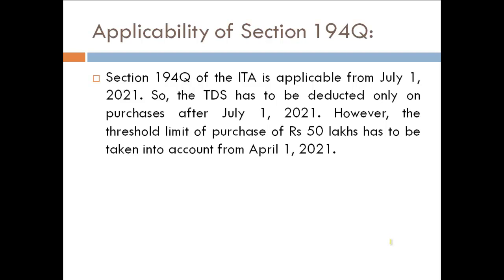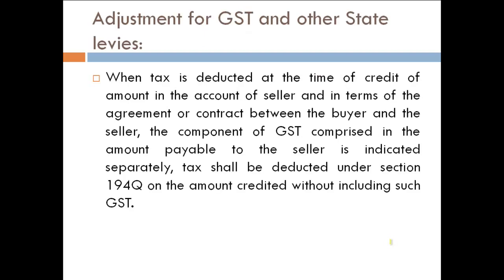The threshold limit of purchase of rupees 50 lakhs has to be taken into account from April 1, 2021. So it is retroactive. That is, it has to be taken into account from April 1, though the section was effective from July 1, 2021.